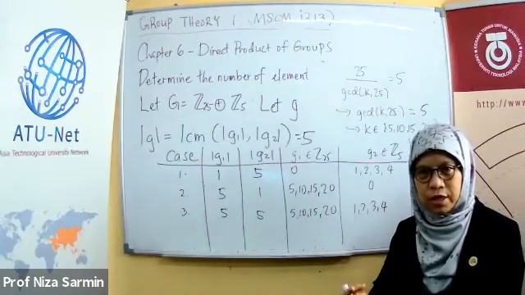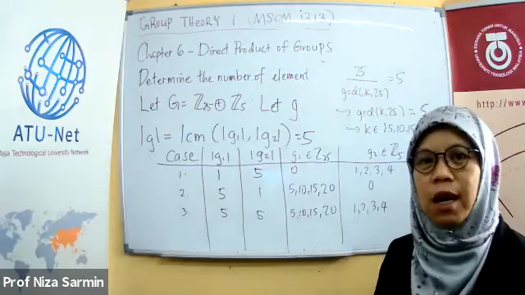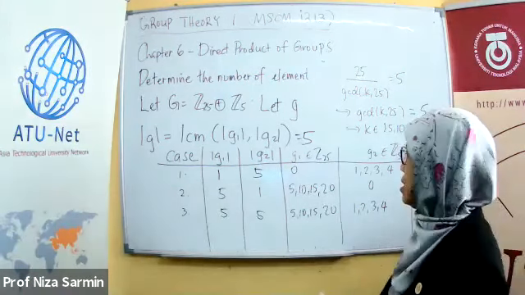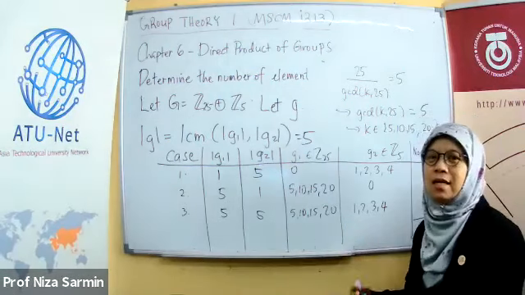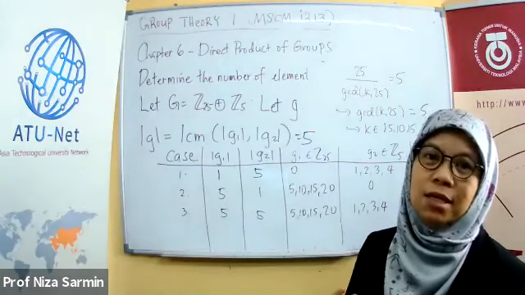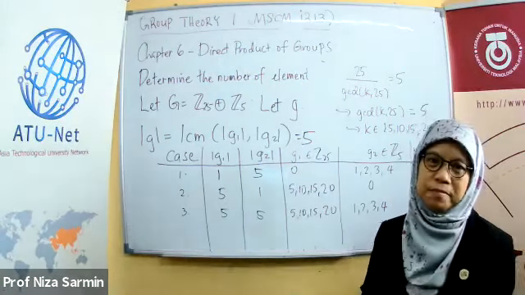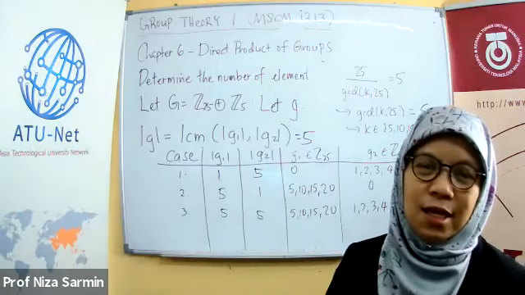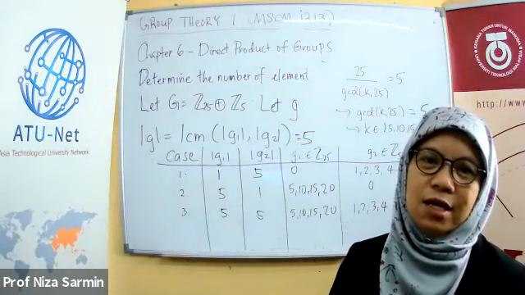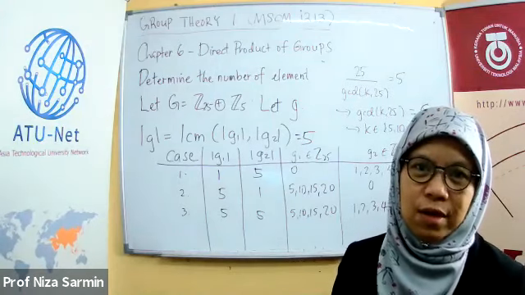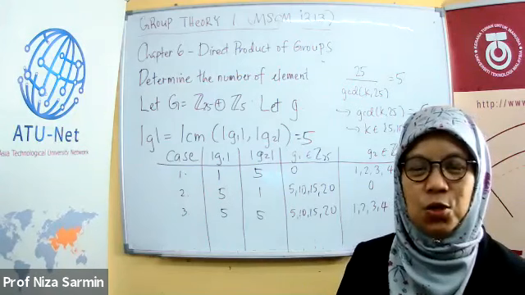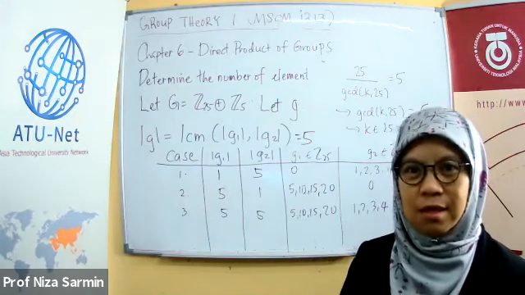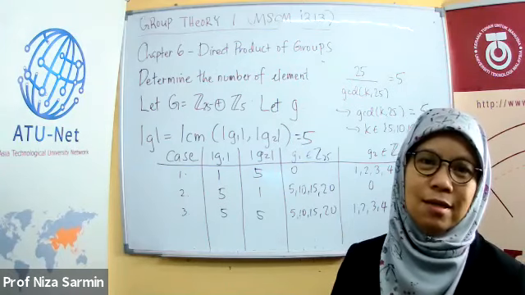Okay, the next question that you probably will be asked is to give 3 different cyclic groups of order 5. So the easiest way to find a cyclic group is to find one element of that order.